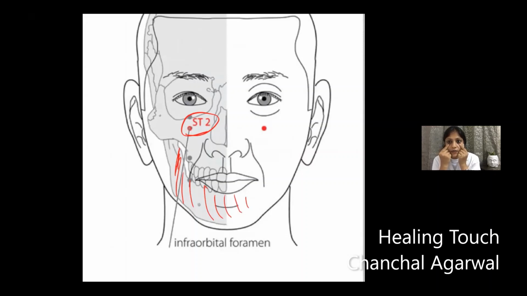So this is your stomach 1 and just below it, it is stomach 2. Here also many people get a lot of pain, stomach 2 because this is also very close to the sinuses, paranasal sinuses के पास में. So this is stomach 2 plus JD3 is for lower jaw problem. So this is all about JD meridian.